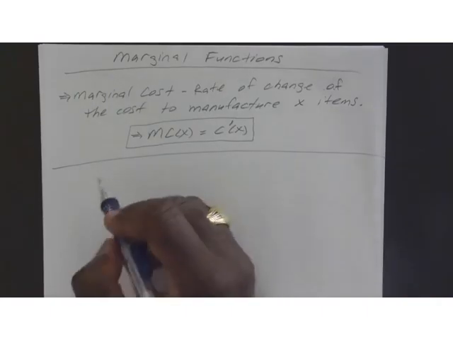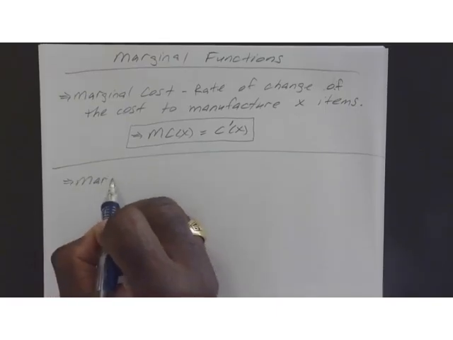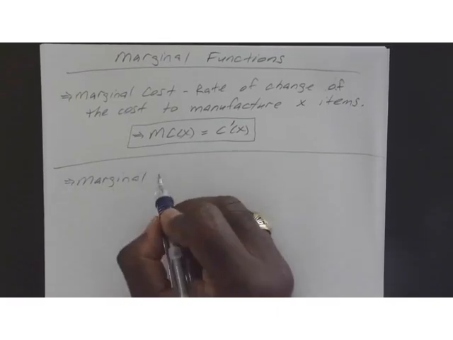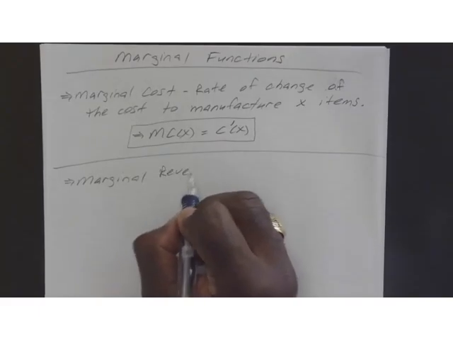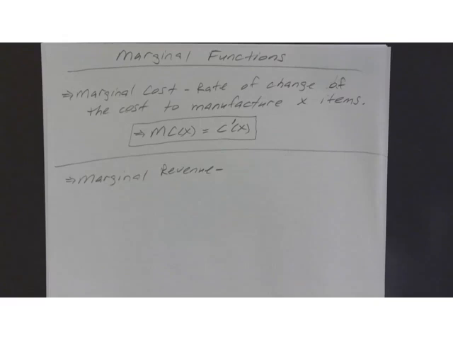Then you have the marginal revenue. And that's just the rate of change of the revenue from selling X number of whatever items you're selling at a particular price.